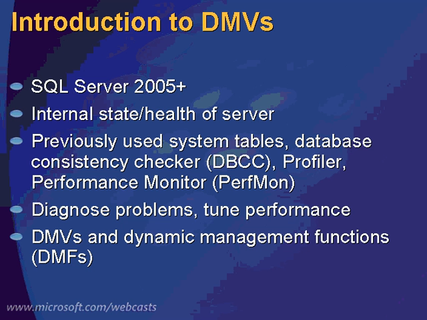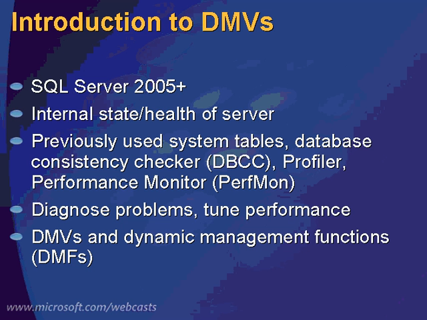So prior to the introduction of DMVs, what people would often do is use system tables or run combinations of DBCC commands. DBCC got a reputation for having an enormous number of, particularly undocumented, commands that allowed you to get in and have a look at various things with the state of the system.